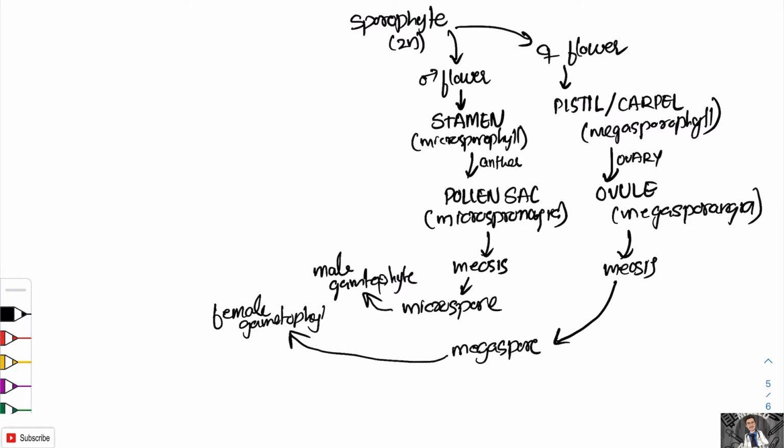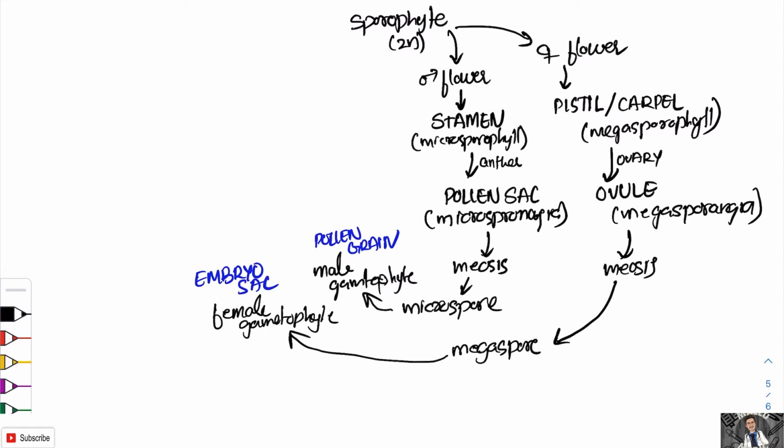The male gametophyte in angiosperms is also known as pollen grain. Same wording, right? Even for gymnosperms, we use the same word. And the female gametophyte of the megaspore is known as embryo sac.